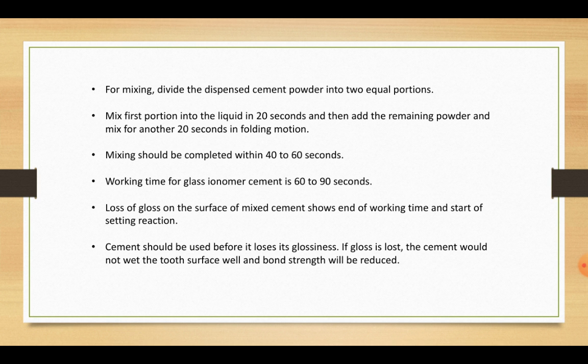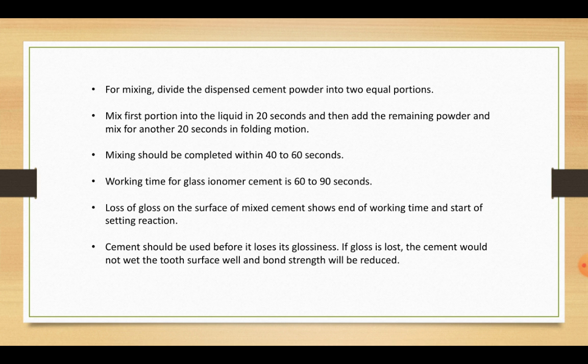Mixing should be completed within 40 to 60 seconds, because that is the mixing time. And the working time for the glass ionomer cement is 60 to 90 seconds. If the cement is not placed within this working time, there will be a loss of gloss on the surface of the mixed cement.